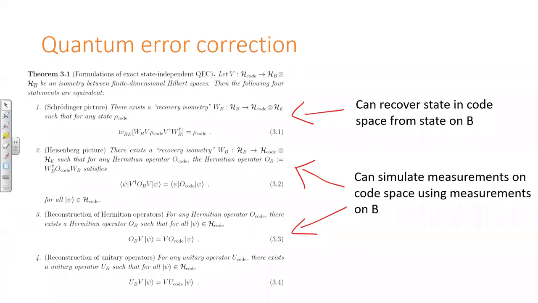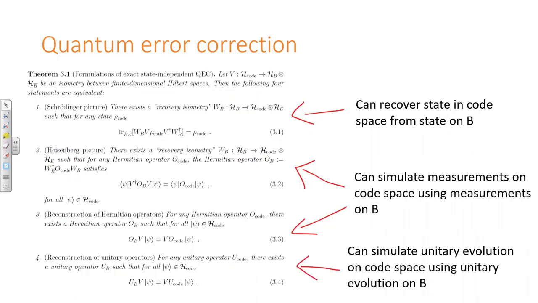As a final definition, rather than thinking about measurements on big B, you can think about, say, we want to implement some quantum computing algorithm on our code space. We want to do some unitary evolution. Then we want to be able to do that same unitary evolution just using big B, without any access to big B bar, because that's an environment that has been lost to noise.